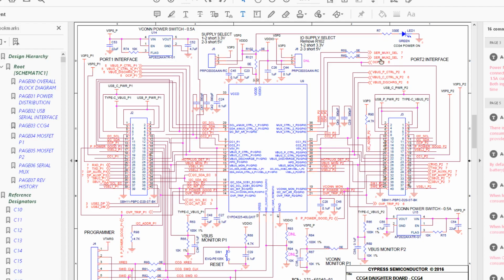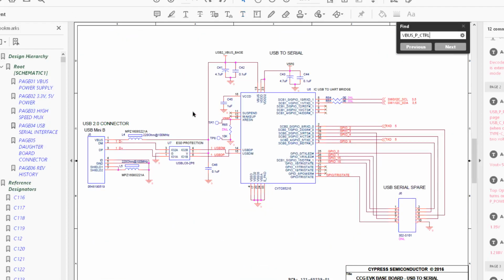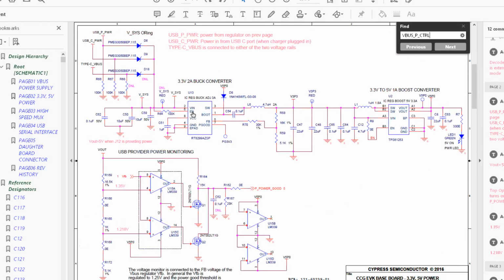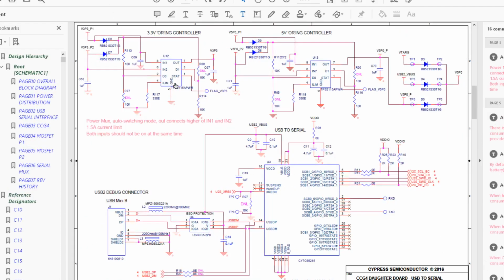Serial muxes. Just select the serial line you want to use. This is also for debug, the DisplayPort line. Oh, sorry, ignore that. We've got VBus monitor. This is all quite interesting. This VBus monitor. Now this VBus monitor comes on.